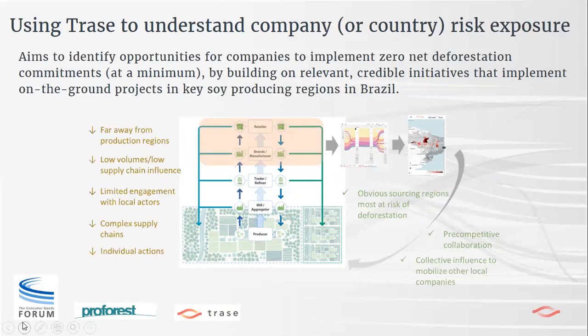The purpose of the Soy Buyers Coalition was to establish what we call a coalition of the willing, a group of companies who were concerned about deforestation risks that were embedded in their soy purchases, and who were committed to identifying in a collective sense the key risk areas that are linked to their supply, and hopefully taking action then to improve the circumstances in the places of production to which they were linked. And they were proposing to do that via the support of credible initiatives in Brazil.